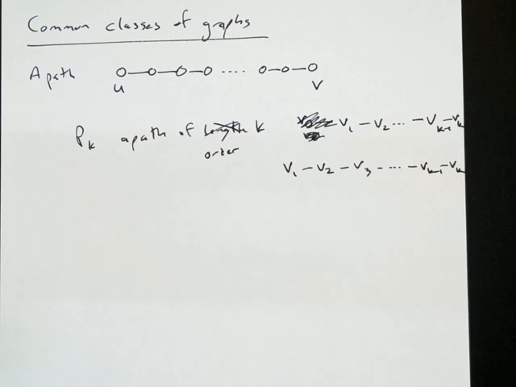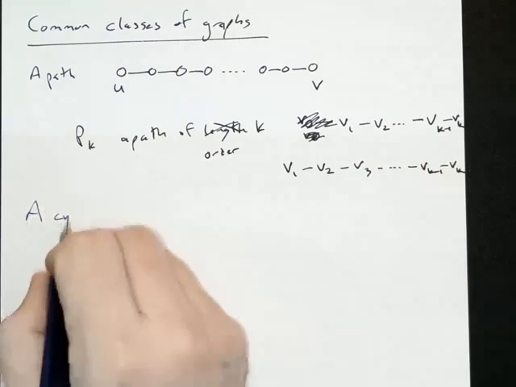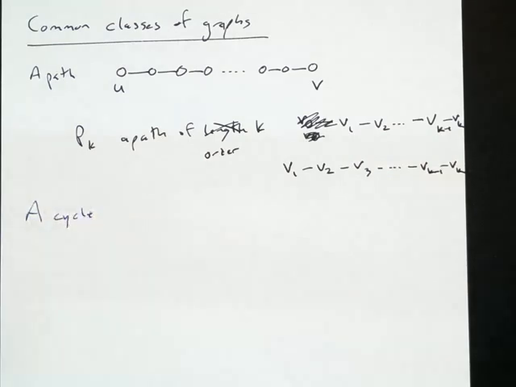What's our definition of a cycle? So it's very similar to a path, except it is closed.